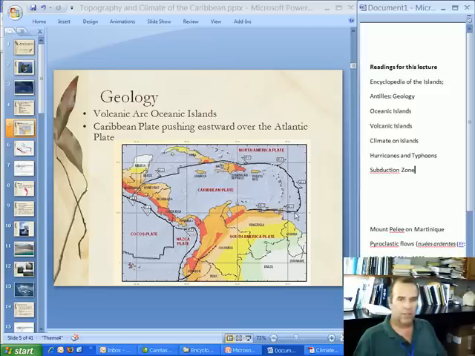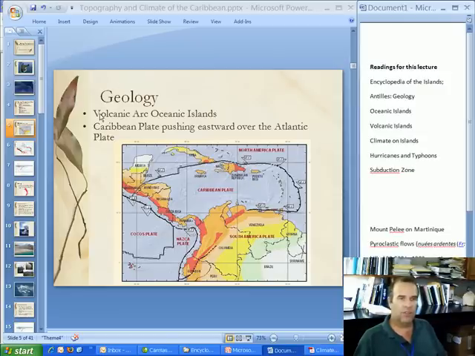And a subduction zone has some very distinct geological features which lead to the formation of islands and particular island arcs. We also have a subduction zone on the western boundary of the Caribbean plate and associated volcanoes with that as well, and I'll show you that in a next slide.